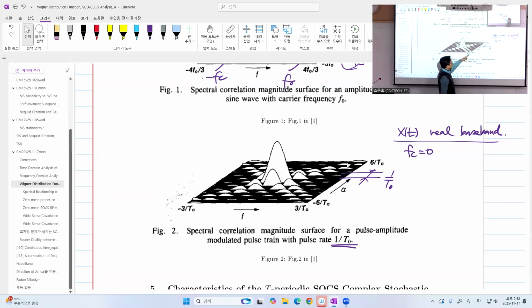Now, along the alpha axis, you have, for example, this spacing 1 over some t sub 0, and you may say that it looks like the fundamental cycle frequency is 1 over t sub 0, or fundamental cycle period is capital T sub 0.